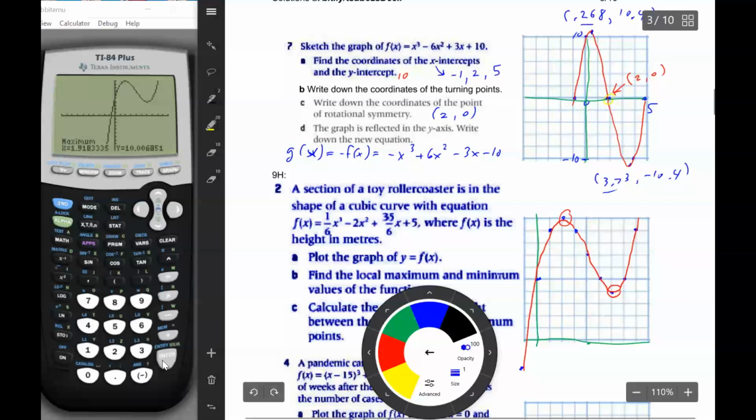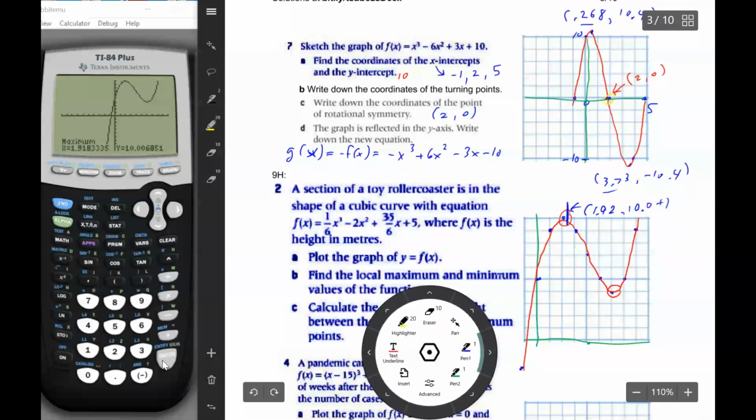So the maximum point is actually right here, and the maximum point is 1.92 comma 10.00. It's slightly more than 10.0. That's why one of the points is 2 comma 10, but 1.92 is on the other side. It's actually here.